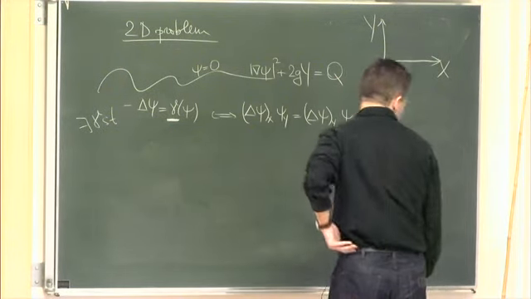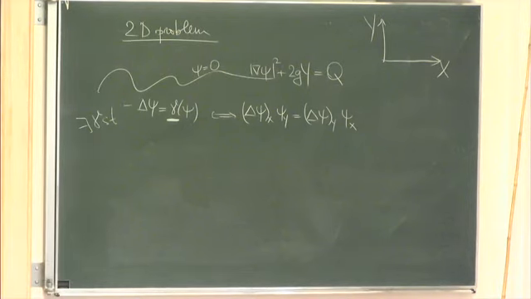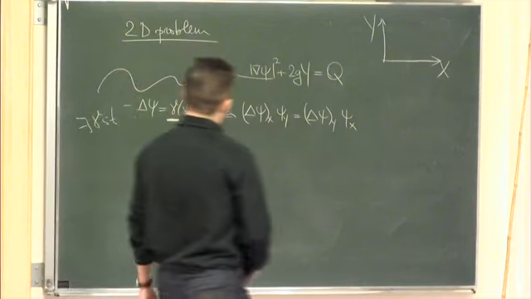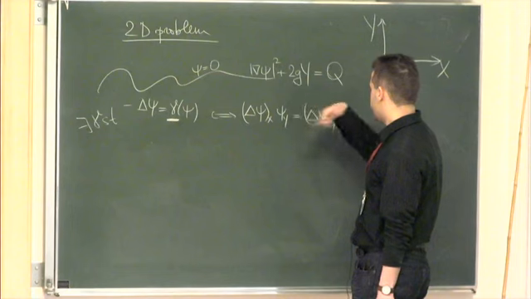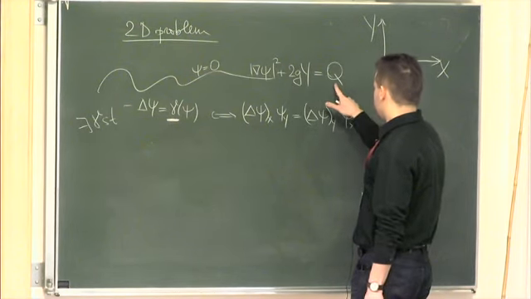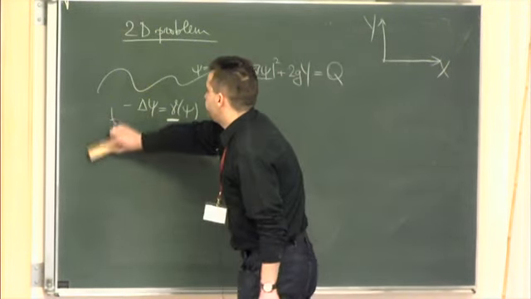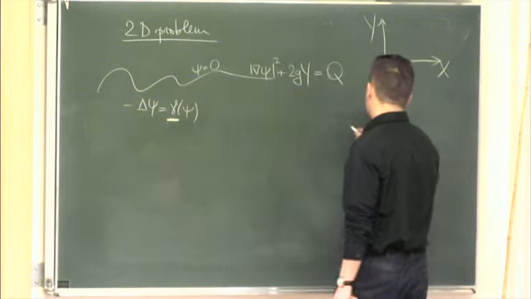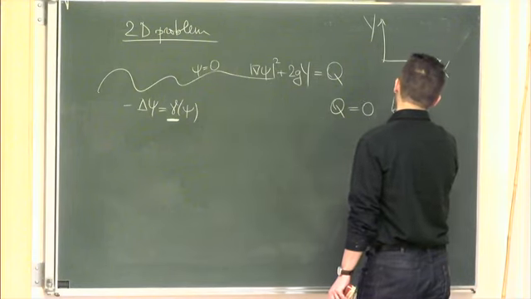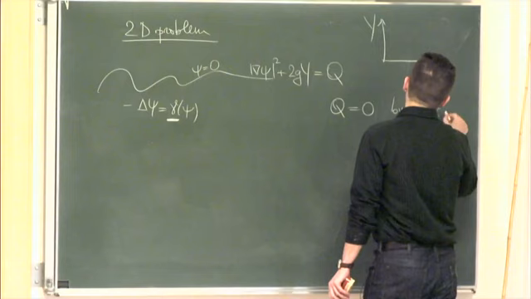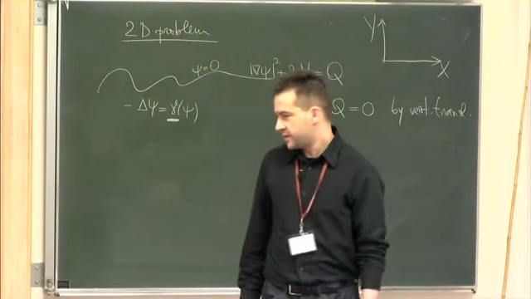So this is the 2D problem, and this is the Bernoulli condition. g is the gravitational constant, 9.8 or whatever, and this Q can be anything, but by vertical translation we can arrange that Q equals 0, because we are free to choose the origin of the coordinate axis as we like.